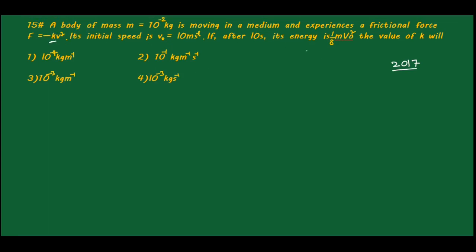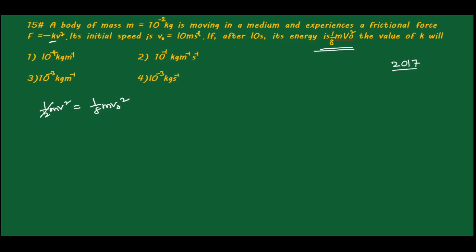Now see, it is given the energy as 1 by 8 m v naught square. This is the kinetic energy, so half m v square is equal to 1 by 8 m v naught square.